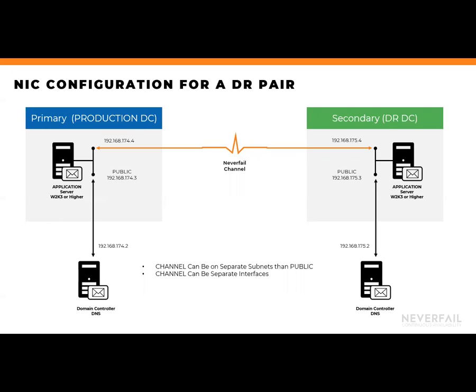Also notice that the production and DR sites have their own domain controllers and DNS. When you set up the deployment, the wizard is going to ask you what the new IP address, the subnet mask, and the DNS server are for your secondary server, the one at the remote location. That is the one that it will update at the time of failover.